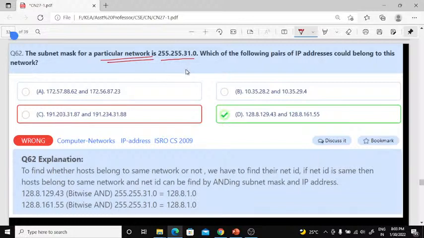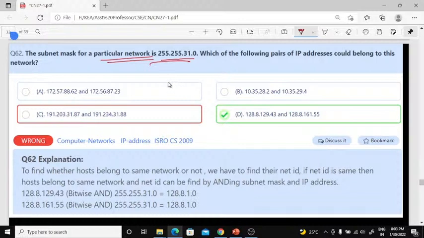Which of the following pairs of IP addresses could belong to this network? With the subnet mask, we can find out whether hosts belong to the same network or not. So we have to find their network ID. If the network ID is the same, then the hosts belong to the same network.